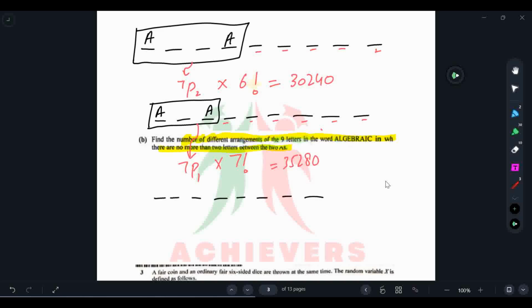Now we can have another condition, and it may be that we do not have any letter between these two A's. 1, 2, 3, 4, 5, 6, 7, 8, 9. We cannot have any letter between, because they are saying that there are no more than two letters between these two A's. So A A, and now for this one we can write 1, 2, 3, 4, 5, 6, 7, 8. So 8 factorial.